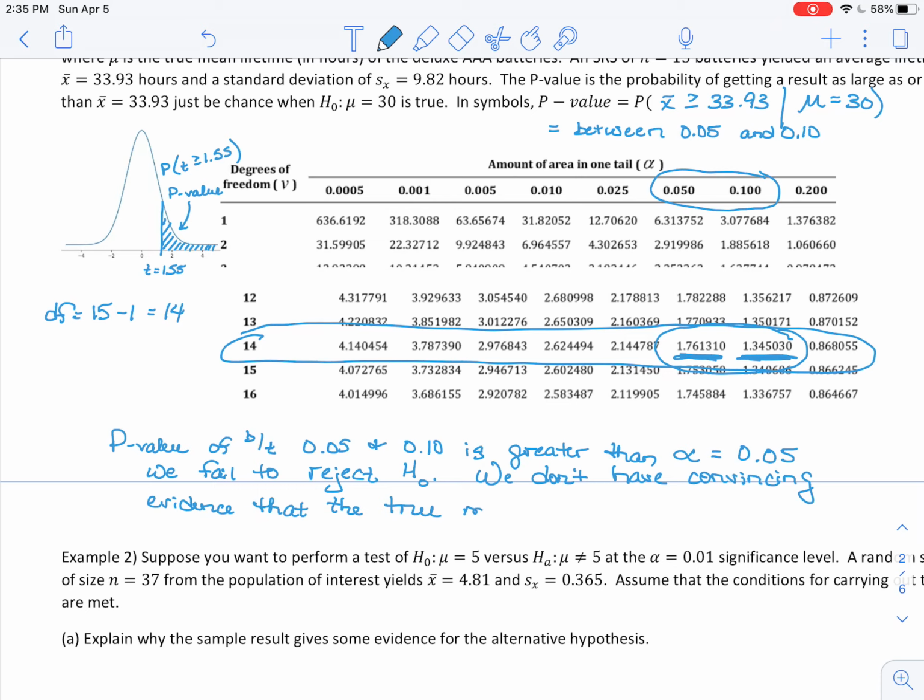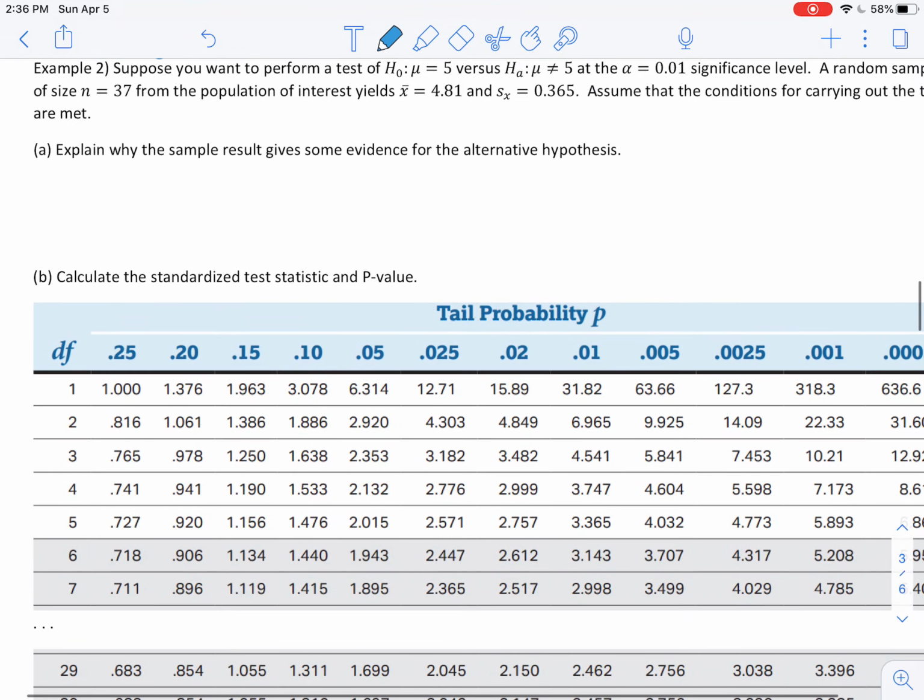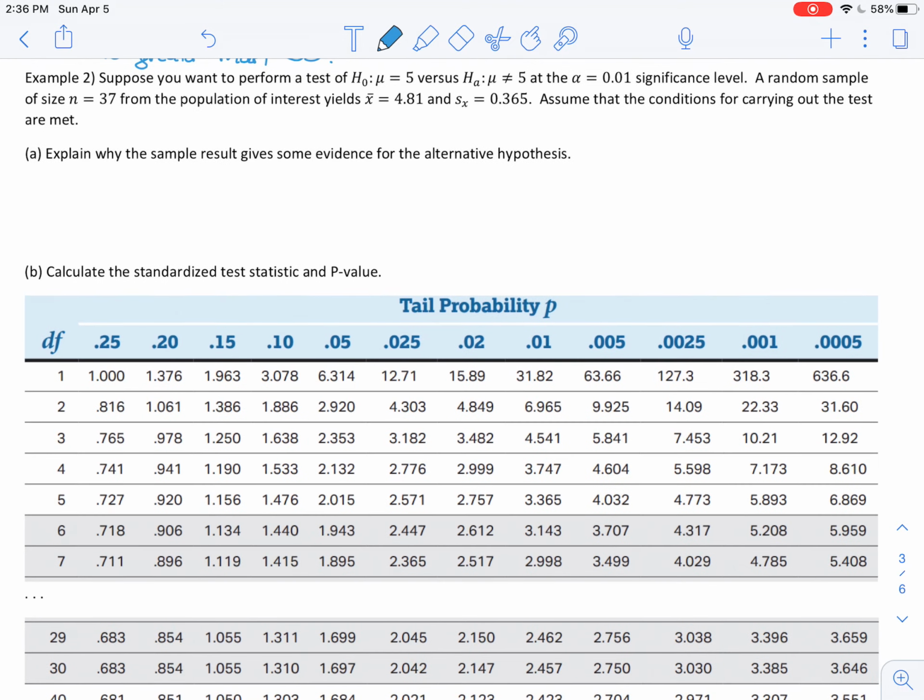So we don't have convincing evidence that the true mean lifetime of the company's deluxe AAA batteries, and so on. So we don't have proof that it actually is equal to 30. We just don't have evidence that it's more than 30. So we'll just keep assuming it is 30 unless another sample convinces us otherwise.